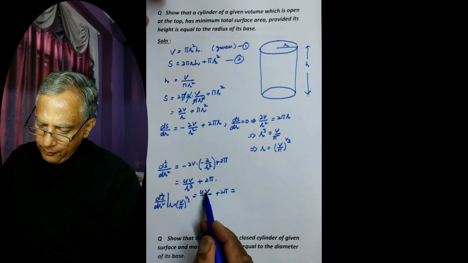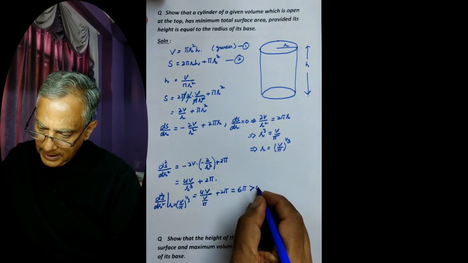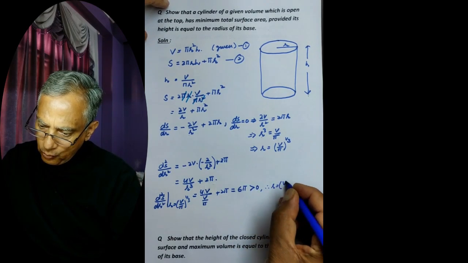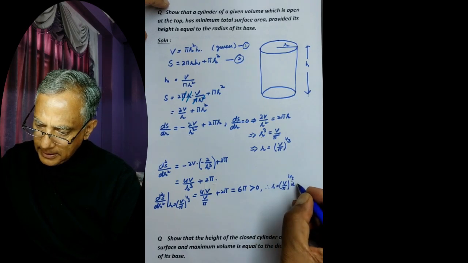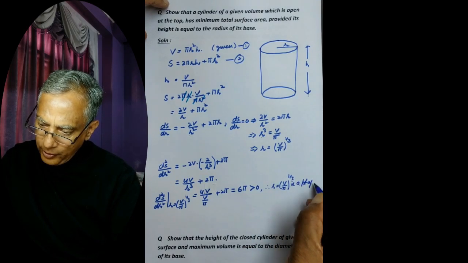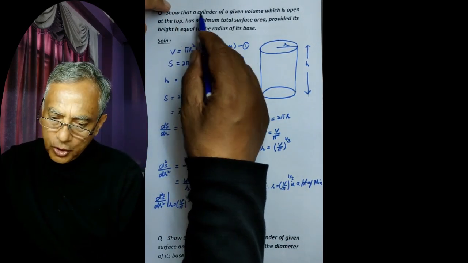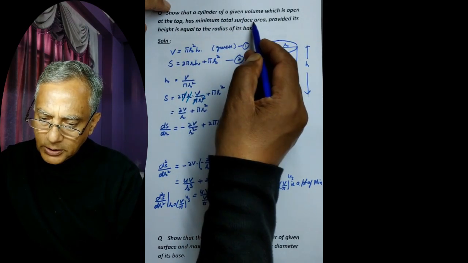So V and V cancel, we get 6 pi, which is greater than 0. Therefore, R is equal to V by pi to the power of 1 by 3 is a point of minimum. And we have shown that a cylinder of given volume which is open at the top has minimum total surface area.